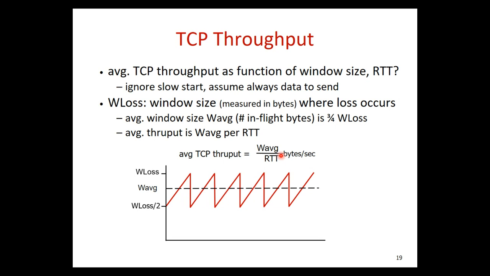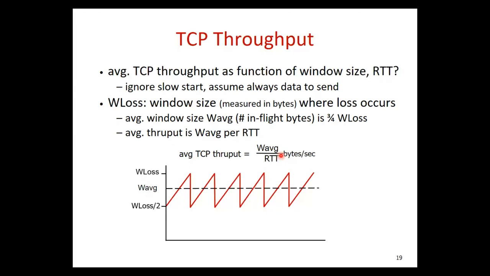But the exact definition of the throughput is that you need to look over an amount of time, right? So let's say X seconds, how many bytes have been transferred. Let's call it Y. You have transferred Y bytes.